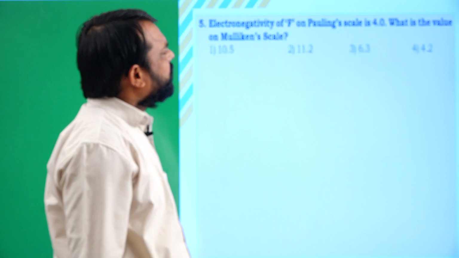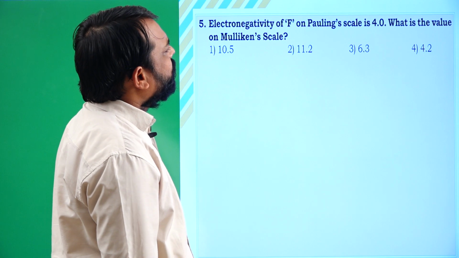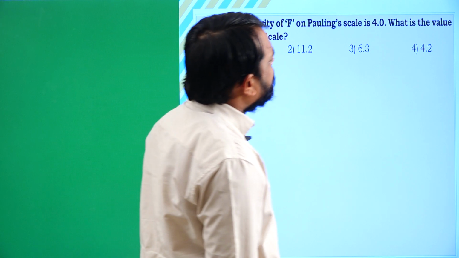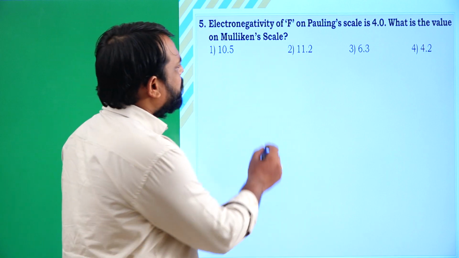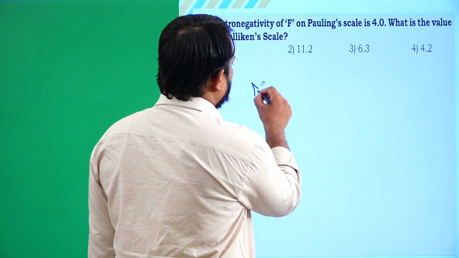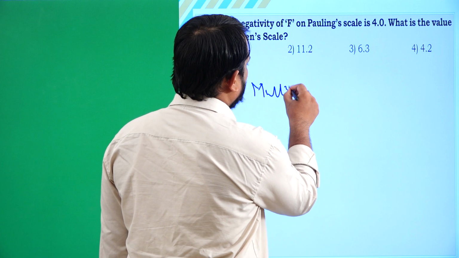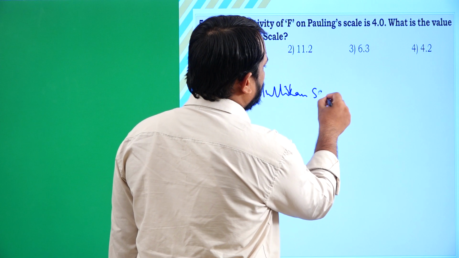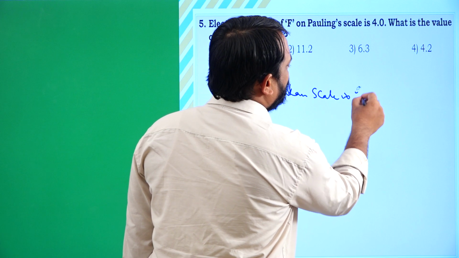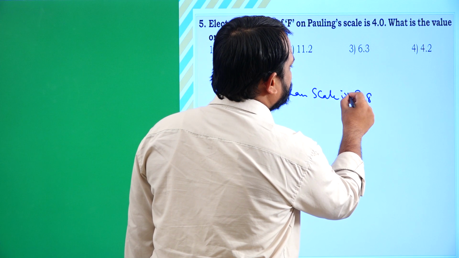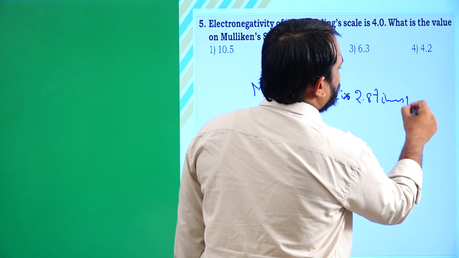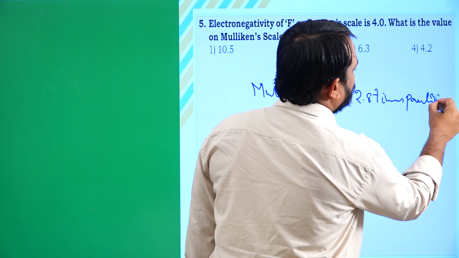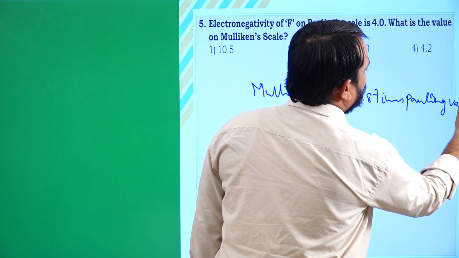The electronegativity of fluorine on the Pauling scale is 4.0. Then what is the value on the Mulliken scale? We just discussed the Mulliken value: the Mulliken scale is 2.8 times the Pauling values.